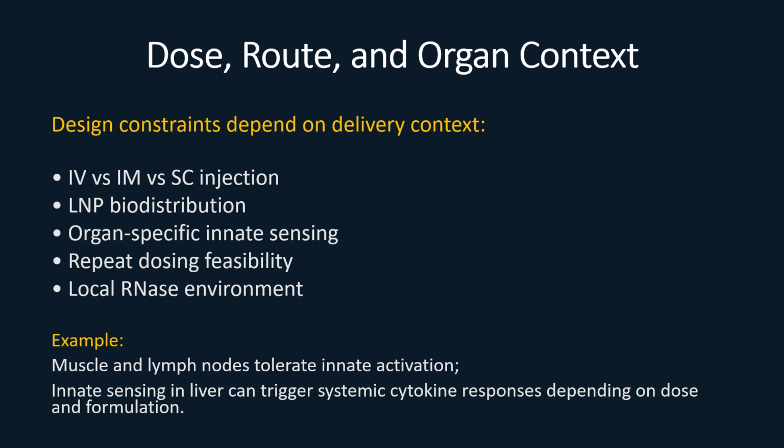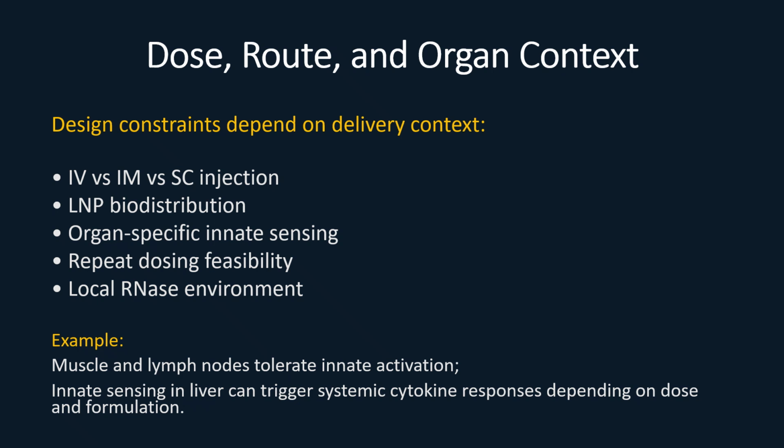Kupffer cells and hepatocytes detect the RNA through RIG-I and TLR pathways. And here is the problem. When these cells activate, they release cytokines directly into circulation. Because the liver is so vascularized, this can rapidly produce a systemic inflammatory response: fever, cytokine release, even hepatotoxicity.